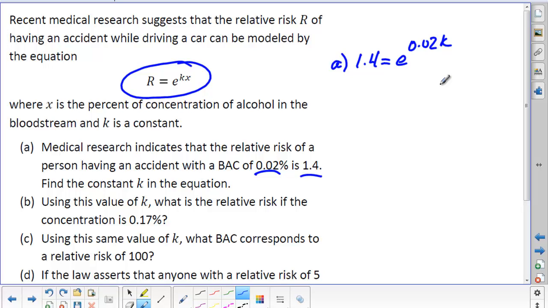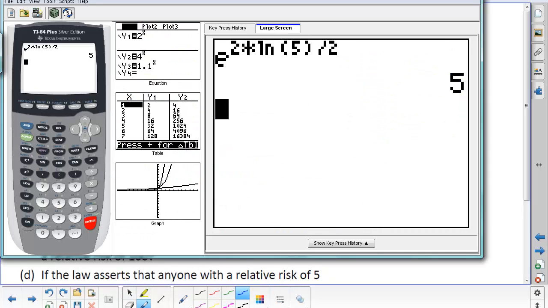So that looks like an equation we just solved, right? We can rewrite this as natural log of 1.4 equals 0.02k, and then divide by 0.02, and this natural log 1.4 over 0.02 is k, which we can punch into the calculator.